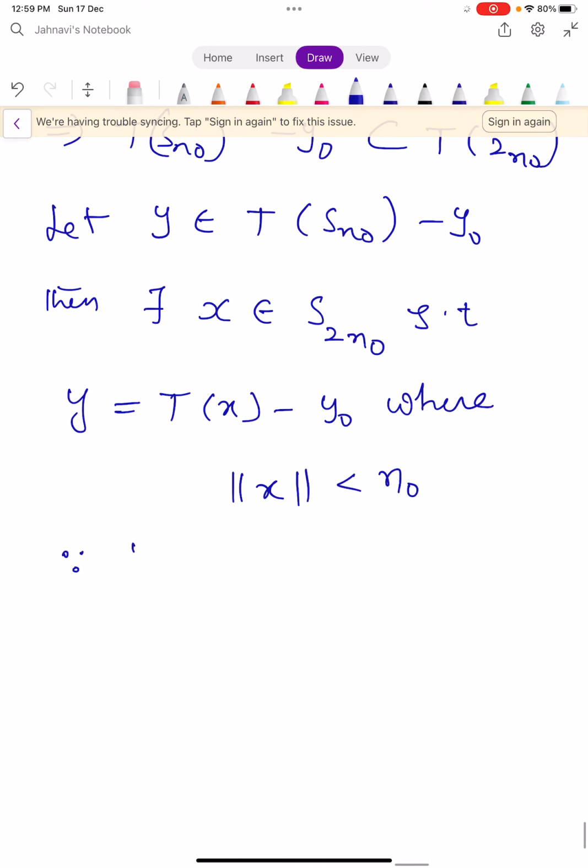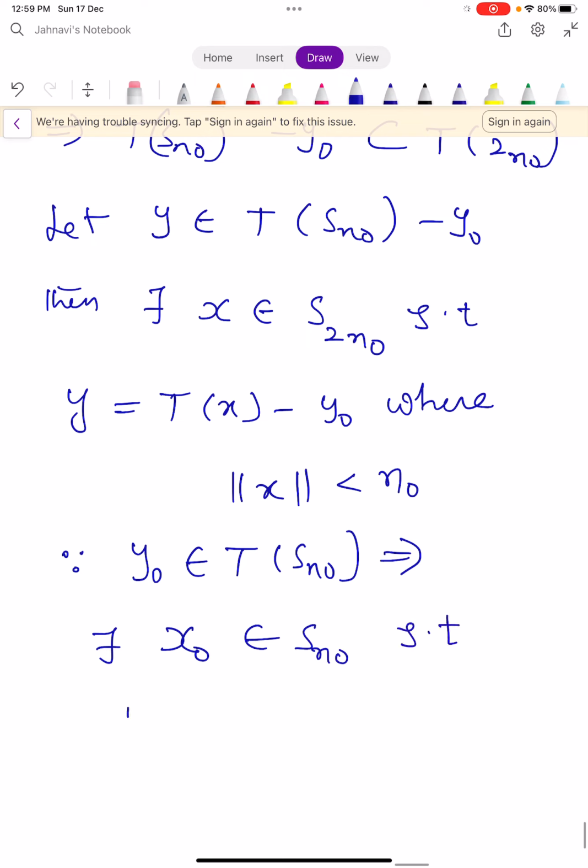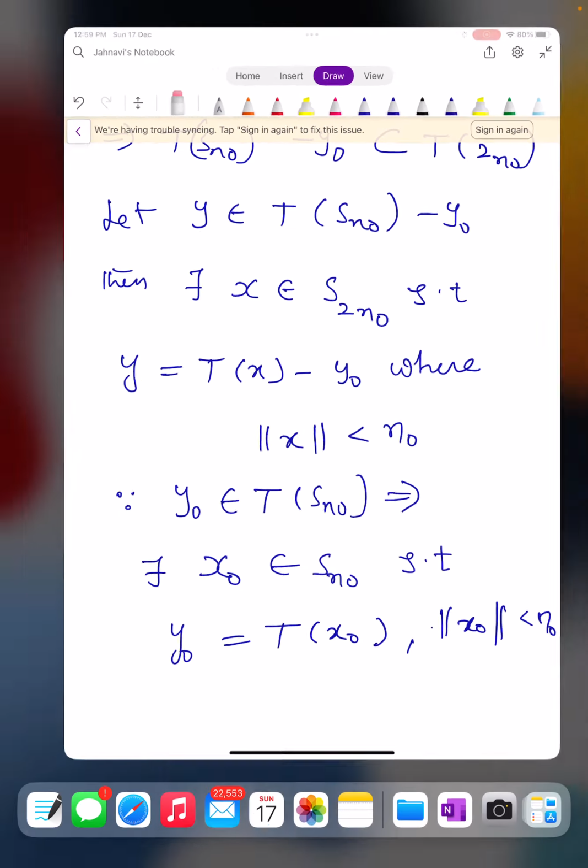Also, since y naught belongs to T(S_n0), there exists an element x naught belonging to S_n0 such that y naught = T(x naught), because T is onto, with the property norm x naught is less than n naught.